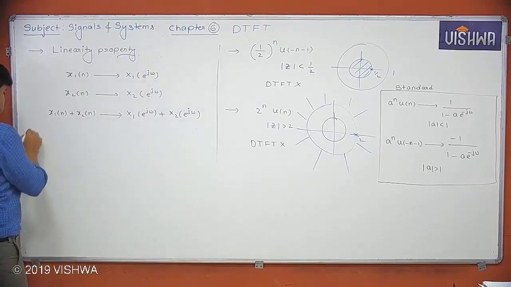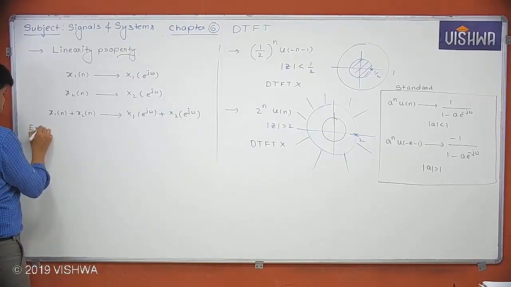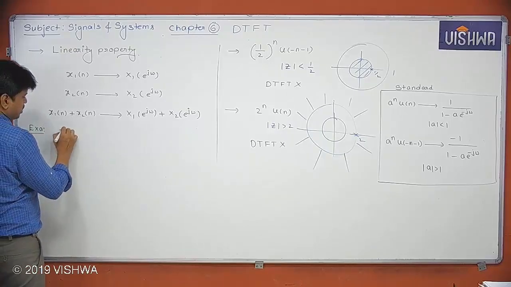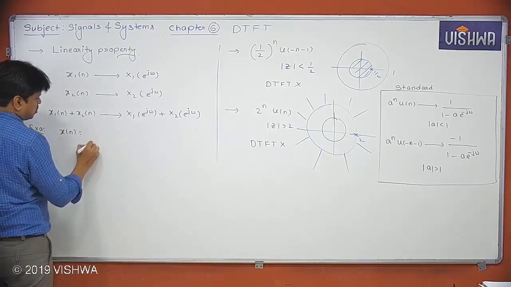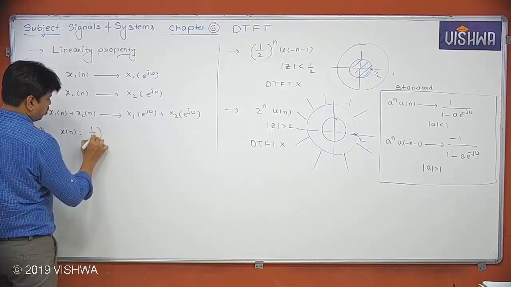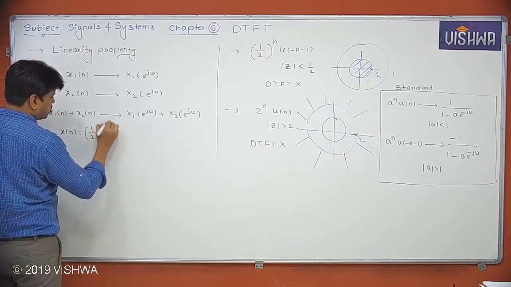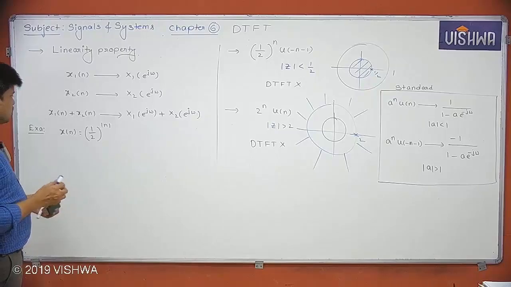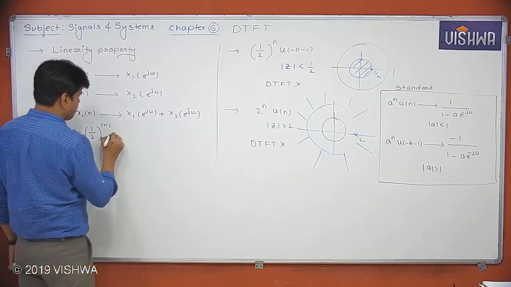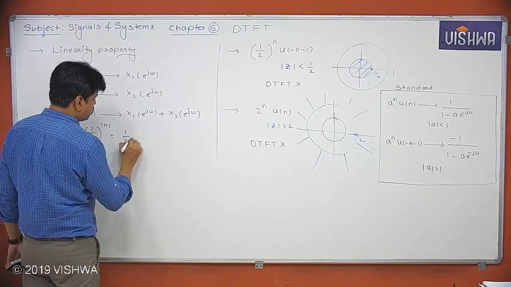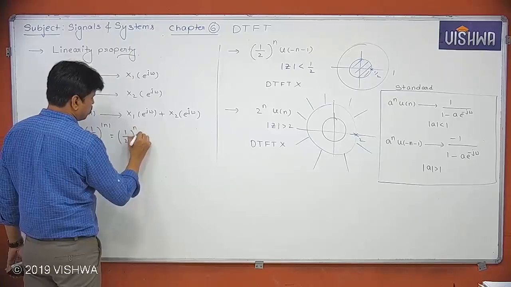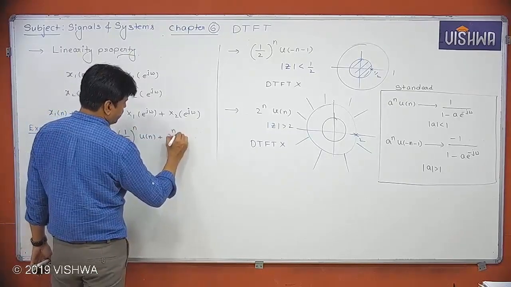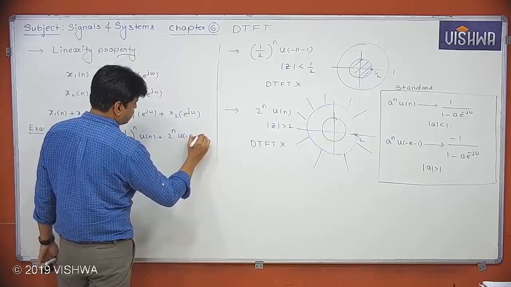Let's take one example. x of n is equal to (1/2) power mod n. So this can be written as (1/2)^n u of n plus 2^n u of minus n minus 1.